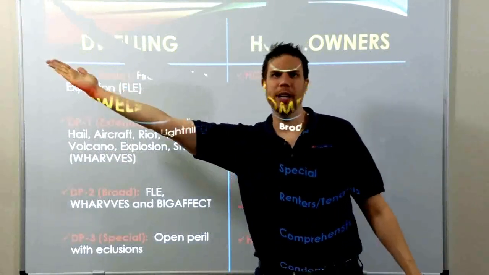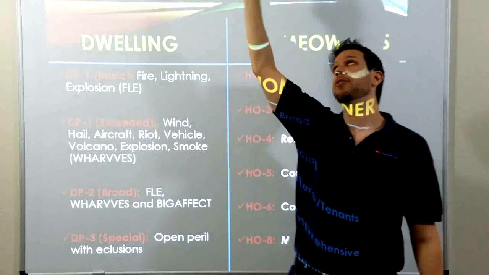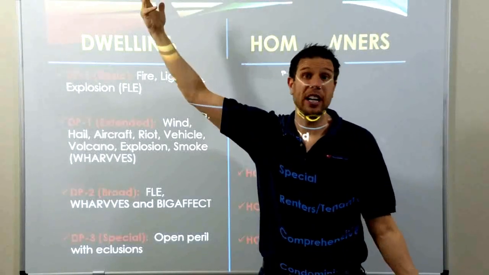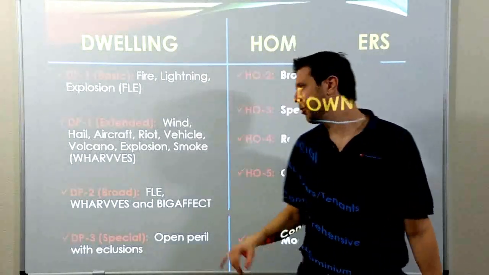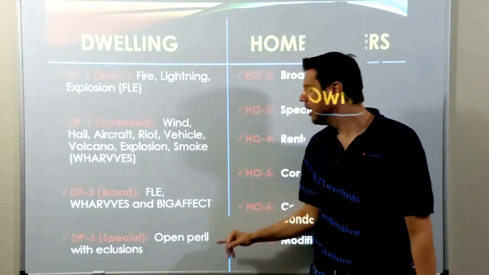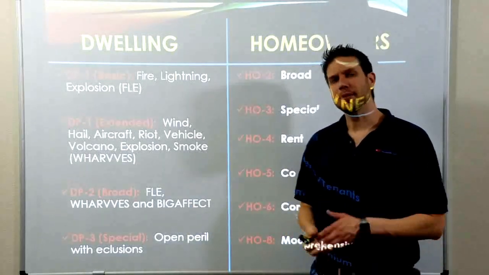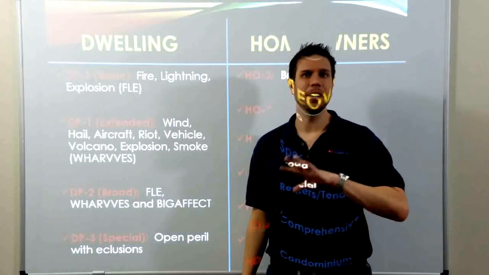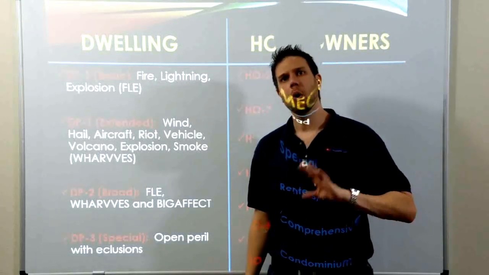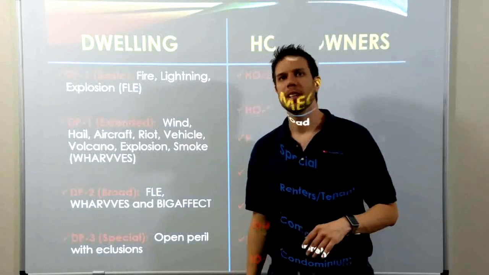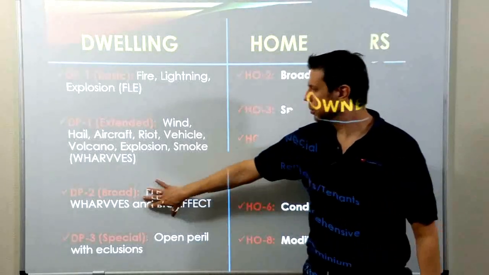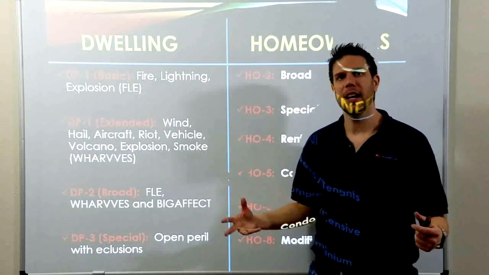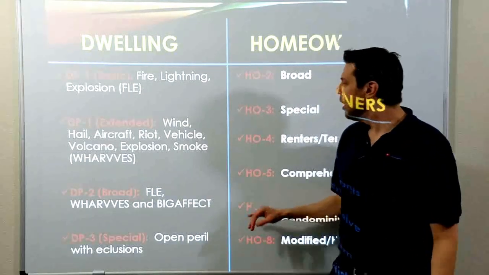So that's like a tree that hits your house, or something from a plane, luggage, I guess, falls into your house. So falling objects, typically a tree. Freezing of plumbing only works if you maintained proper heat control or you drained the pipes. So broad will cover if your pipes freeze and they get damaged.